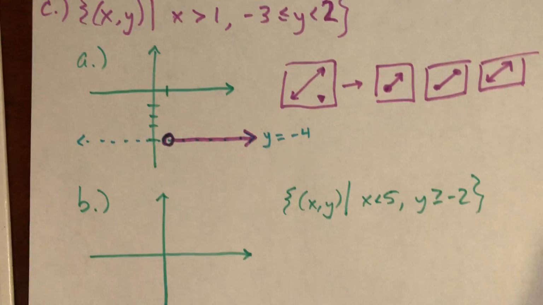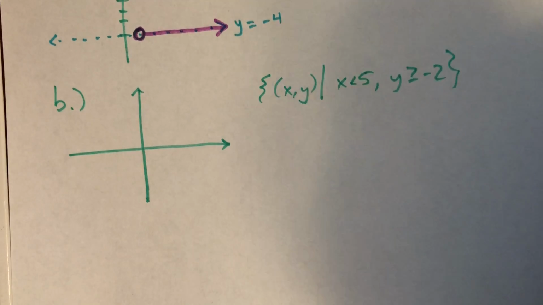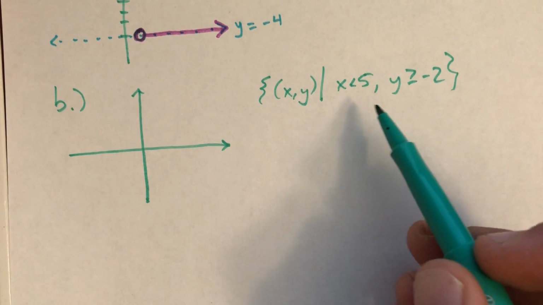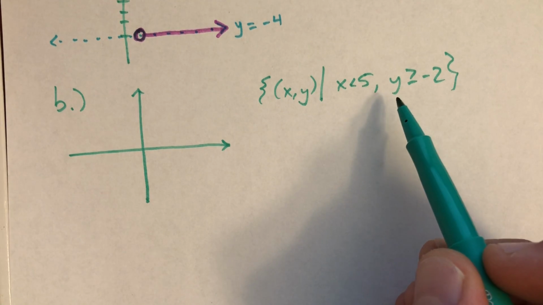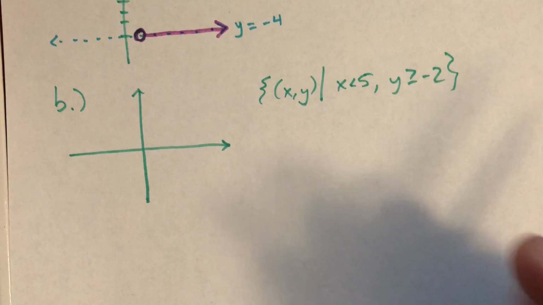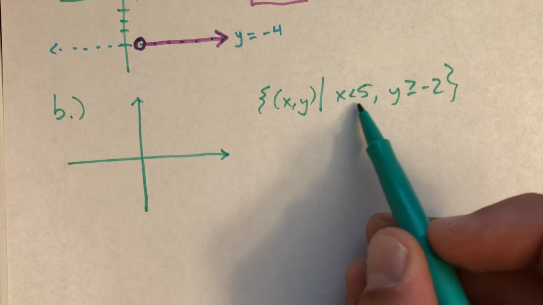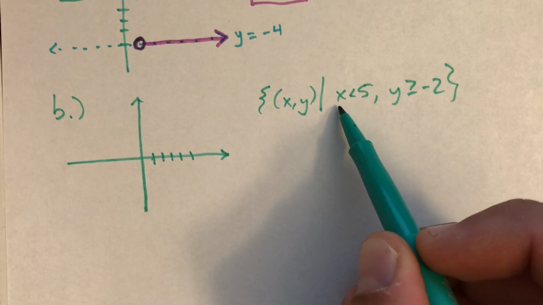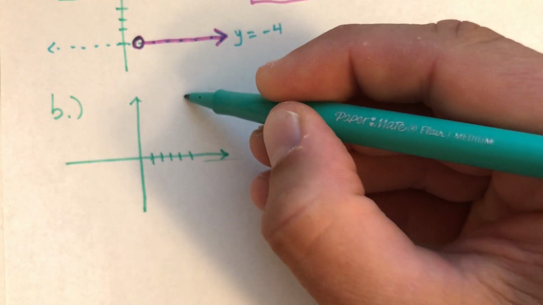We're going to do pretty much the same thing we did on the last one. We want all the ordered pairs that have an x-coordinate that's bigger than 5, and the y-coordinate has to be bigger than or equal to -2. Everything that has an x-coordinate larger than 5, counting 1, 2, 3, 4, 5, is going to be on the right-hand side of this line here.